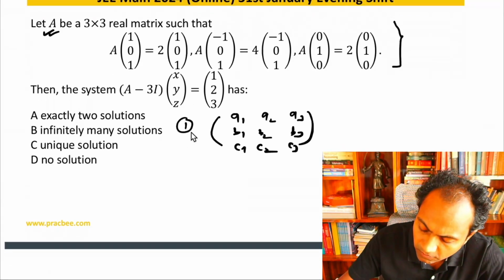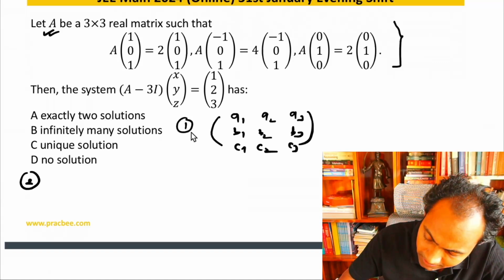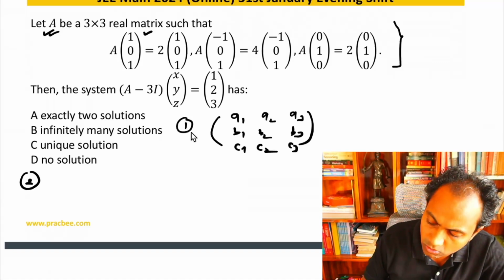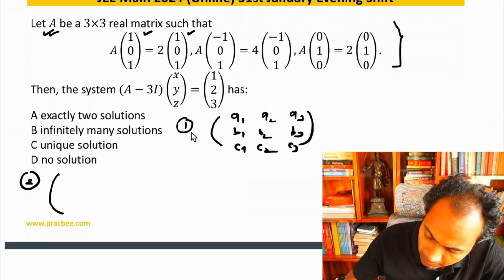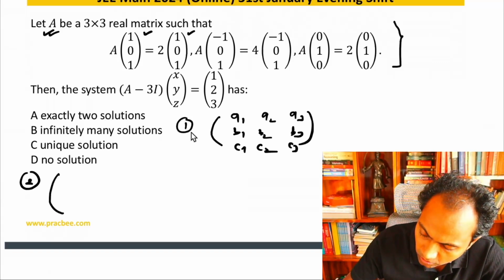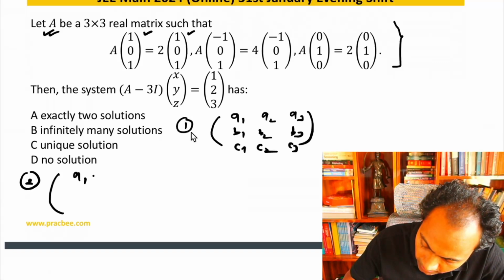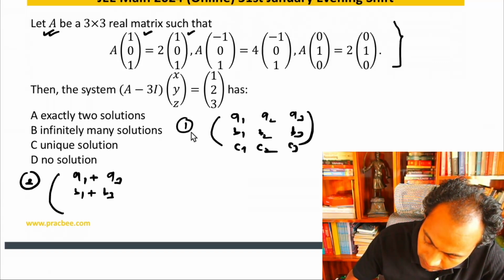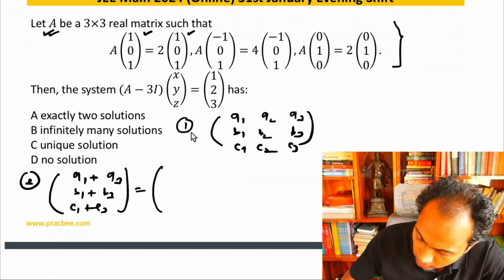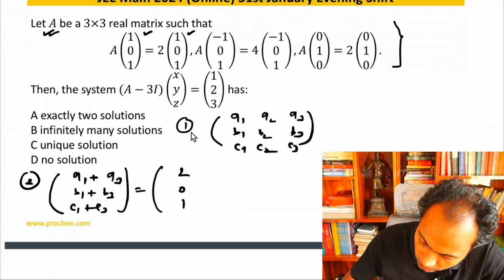In the second step, they are saying if I multiply this with 1, 0, 1, the answer is going to be this. So let us multiply. The first row will get multiplied with the column. It will become a1 plus a3, b1 plus b3 and c1 plus c3. And the value corresponding to this is 2, 0, 1.